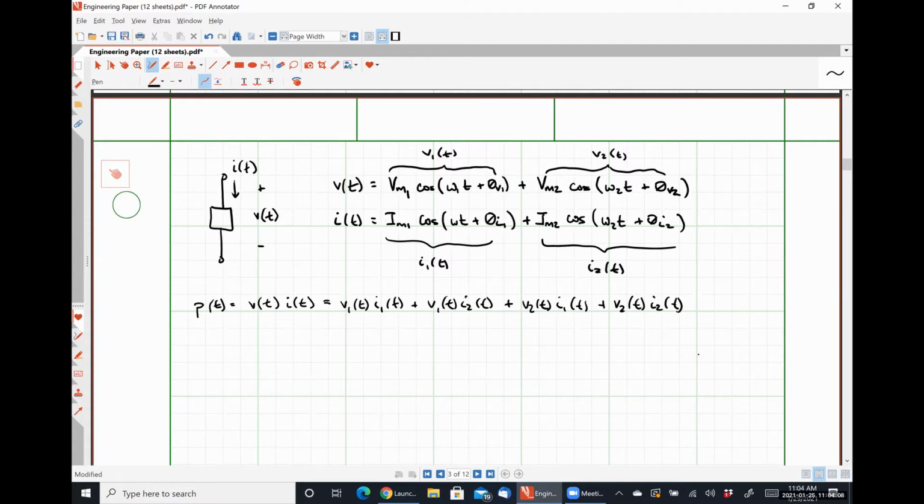So we have four different power terms here, and they're all going to be operating at different frequencies, right?